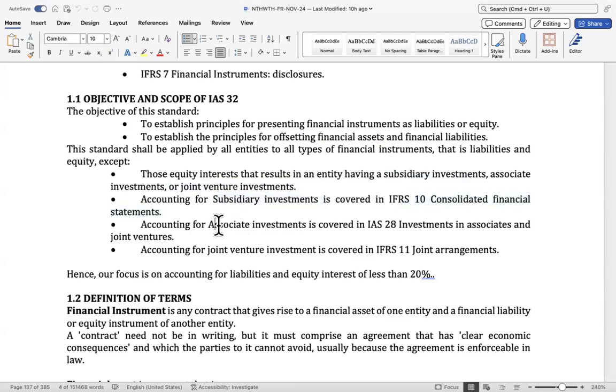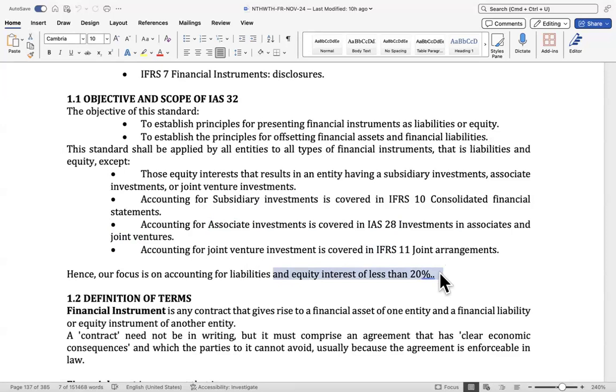Or your investment in shares in that other entity makes your investment an associate investment, which is covered in IAS 28, or a joint venture investment, which is covered in IFRS 11. So you see, our focus here is how to account for equity interest. If I want to look at it from the angle of holding interest, we're talking about those that are less than 20%.